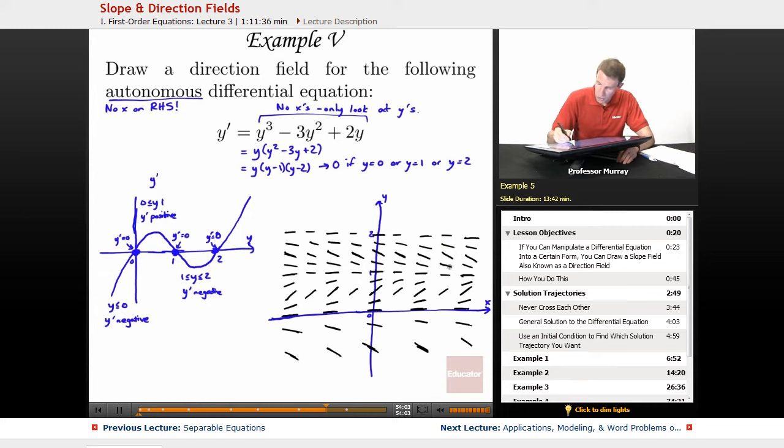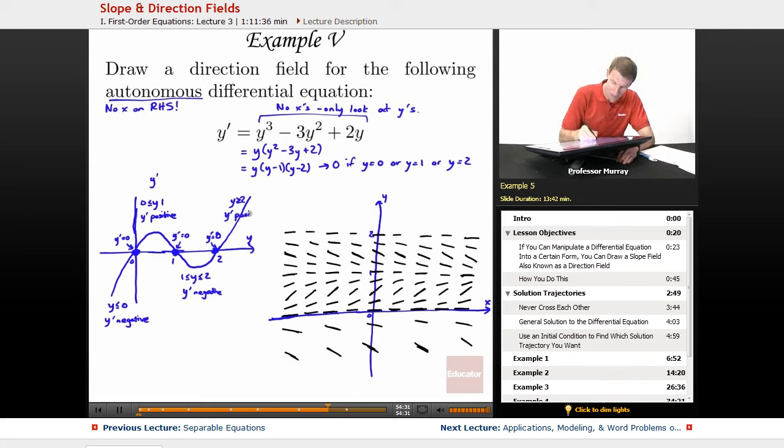I'm going to show you a computer-generated picture of the same thing on the next page, but I think it's useful to draw one or two of these by hand in your life. And now, if I look at y bigger than 2, I see that my y prime is positive again because this curve is above the horizontal axis.